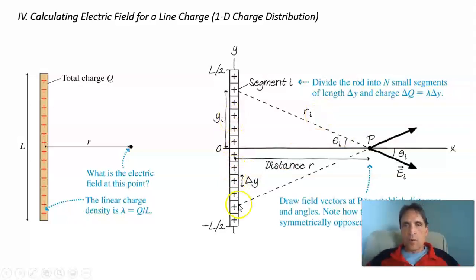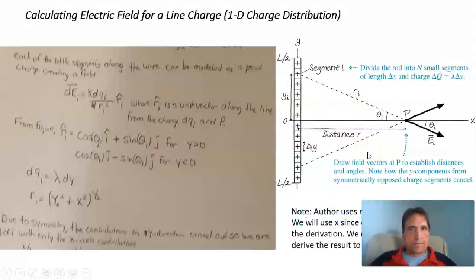And each of these points will be at a distance r_i from point P. So what we're going to do is the contribution ΔE_i from element i is equal to the constant k, or 1 over 4π ε₀ if you prefer, times the amount of charge Δq_i divided by the distance r_i squared.